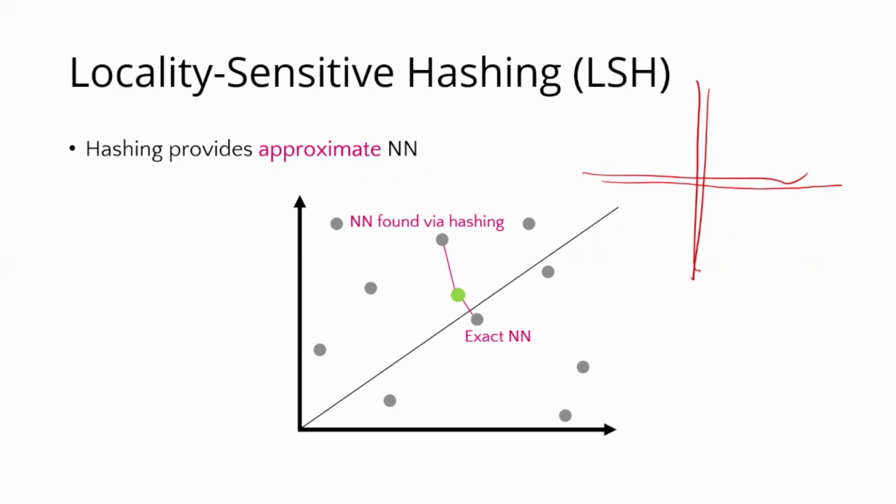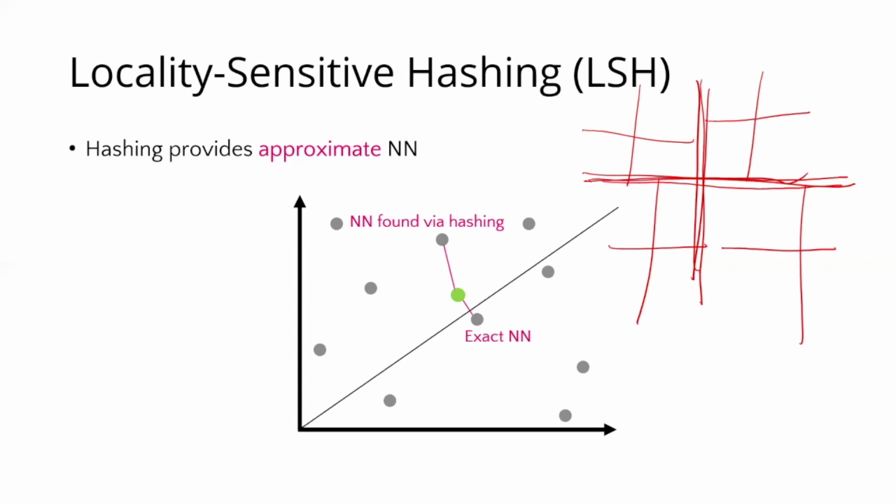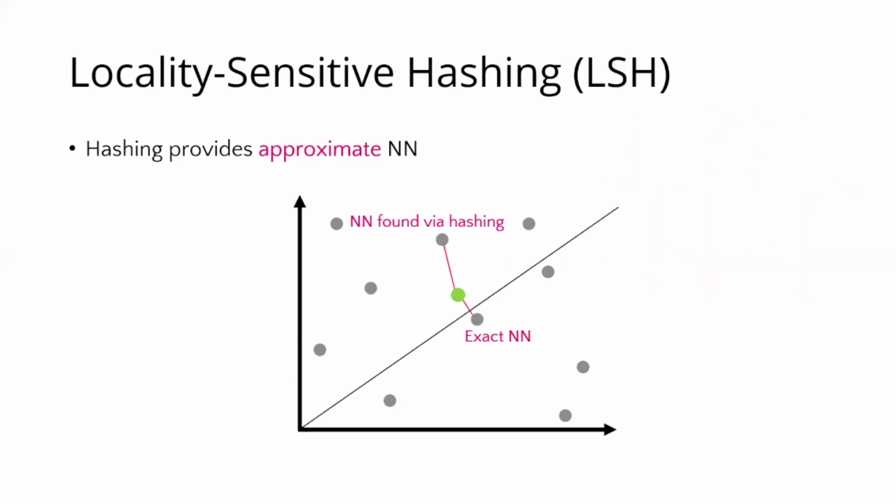You first have to do the partition along the x-axis, and then along the y-axis, and because of that, your way of partitioning the space is not necessarily very effective. Whereas with locality-sensitive hashing, the idea is basically to use an arbitrary oblique line to split the space.